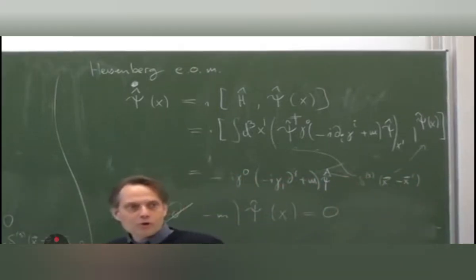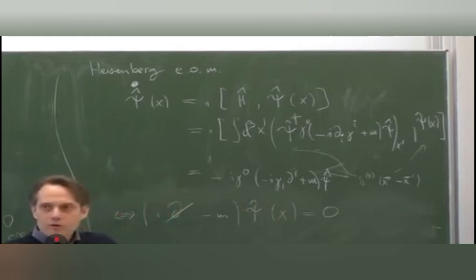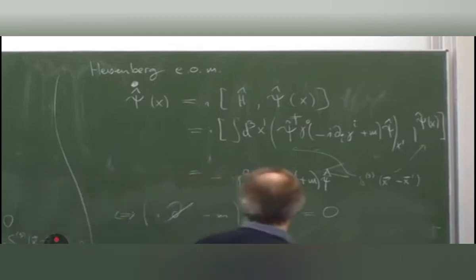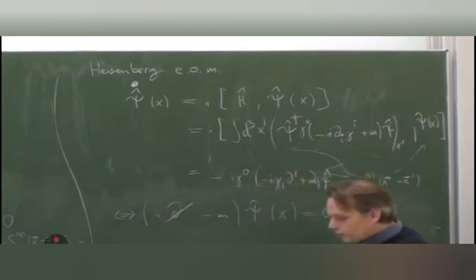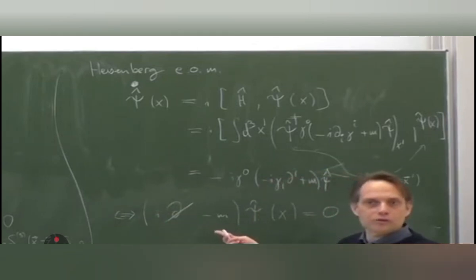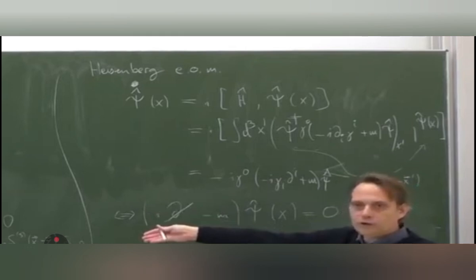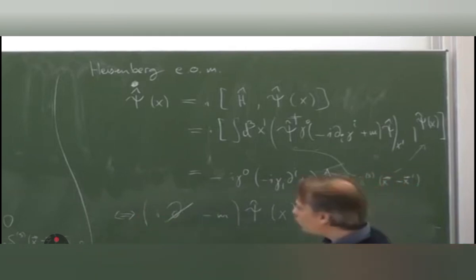Right, but please do it at home once again and take care of all the signs and all the i's, and then you will verify that this is the Heisenberg equation of motion, and that is of course the Dirac equation. So we see that the field operator after canonical quantization, regardless of fermions or bosons, satisfies the Dirac equation.